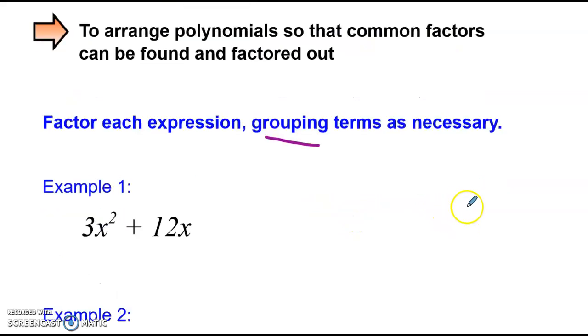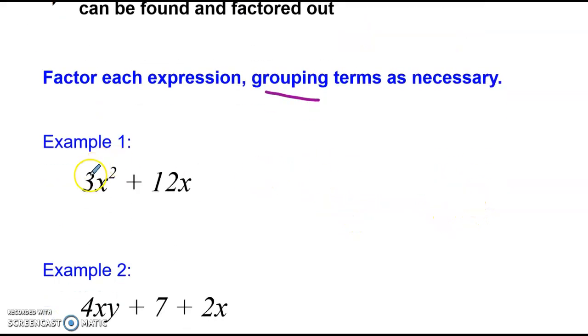Now, for example 1, there's nothing to group here. This is 3x squared plus 12x. I'm looking to factor it, and I'm just asking myself, what are the common factors here? What's common between 3x squared and 12x? Well, 3 is common, right? Because 3 and 12 are both divisible by 3. And you'll notice that they also both contain an x. This has 2 powers of x. This has 1.